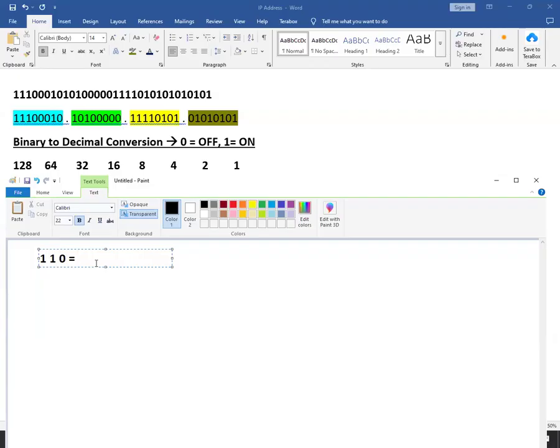So this 110 we need to convert into decimal. For example, we have 110011. This is not a decimal number. This is your binary number, 110011. So you can take the 110 binary number and convert it into decimal, or take 110011, the binary number, and convert it into decimal.